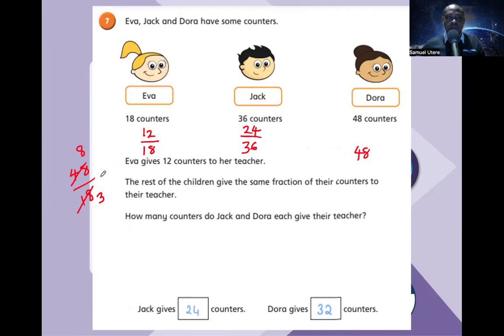Okay, so 8 thirds. If we multiply the numerator by 8/3, like the denominator by 8/3, we'll get 48. So if we multiply 12 by 8/3, so 12 times 8/3, okay? So if we divide 3 by 3, 1, 12 by 3 will be 4, 4 times 8 will be 32, okay? All right.